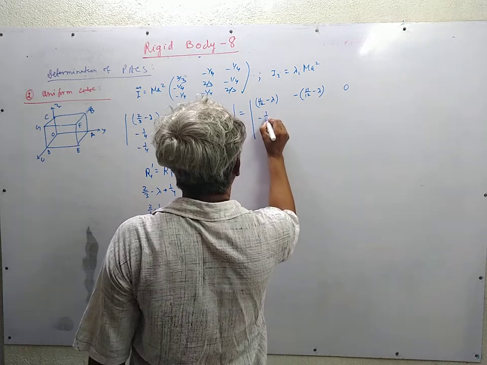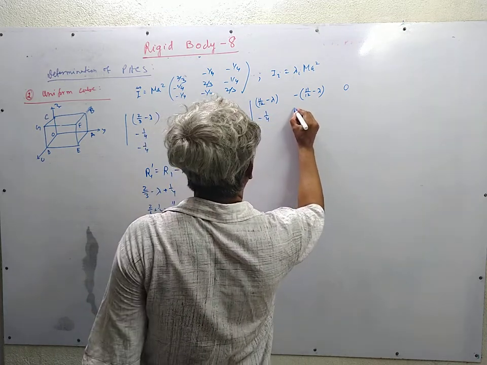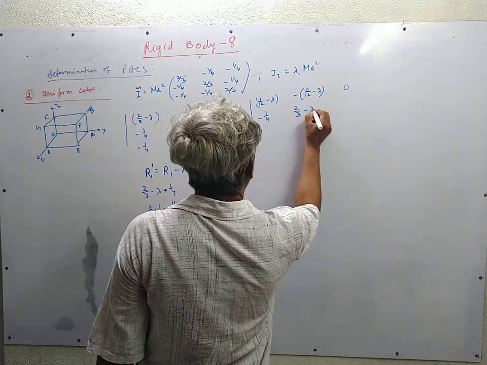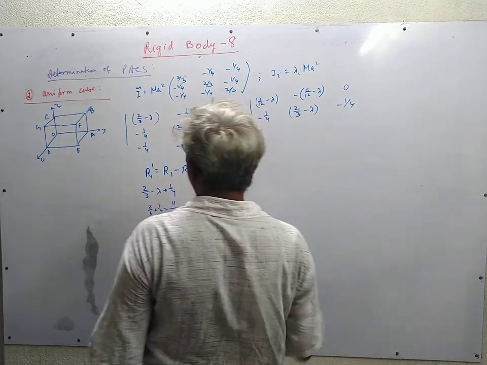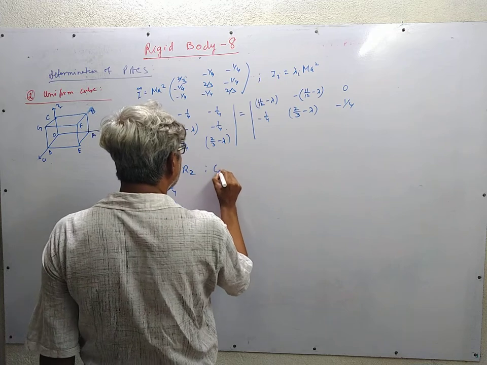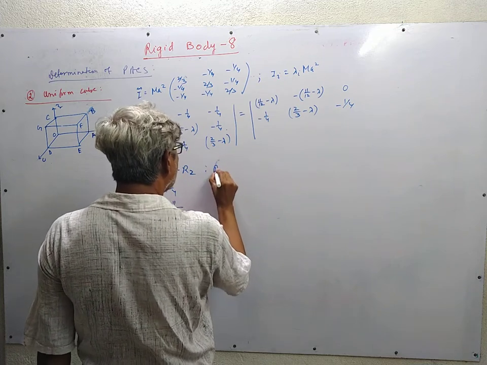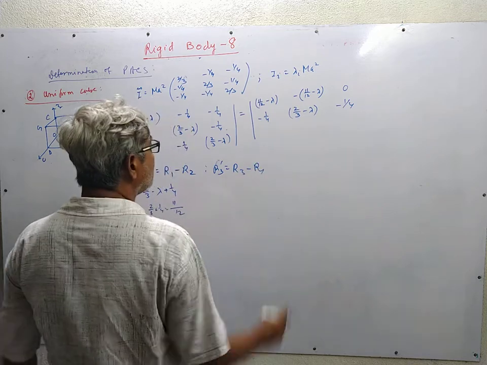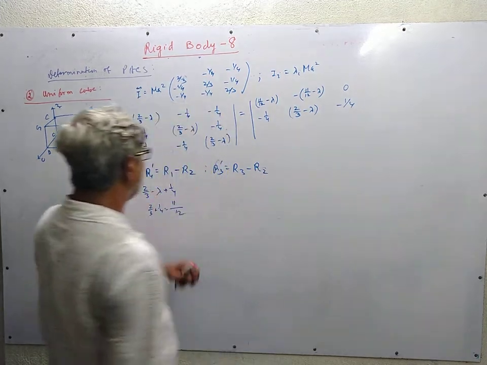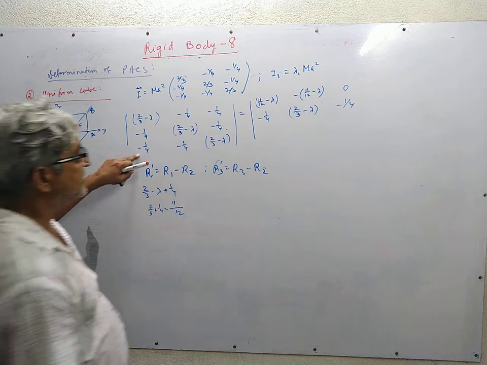This is minus 1/4, 2/3 minus lambda, minus 1/4. We further write R3 prime is equal to R3 minus R2. So this is 0.